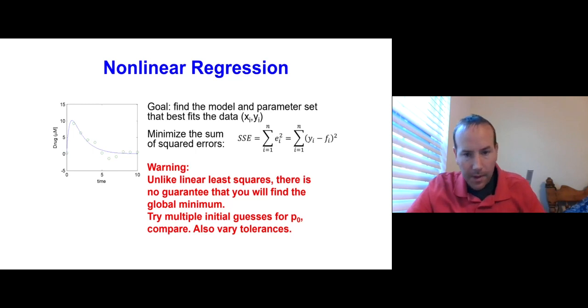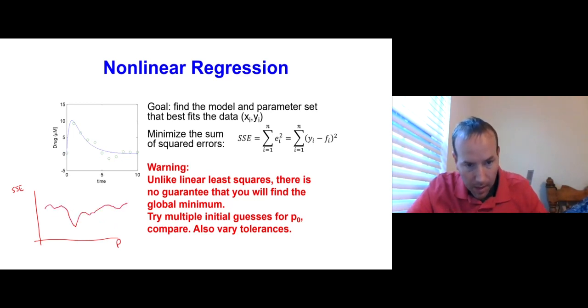Okay, but in nonlinear regression, there's no guarantee that you will find the global minimum that you're looking for. And in fact, there may be multiple minima in the space. So let me draw out what that would look like. If you've got a sum of squared errors in P, this could be a surface that looks like this.